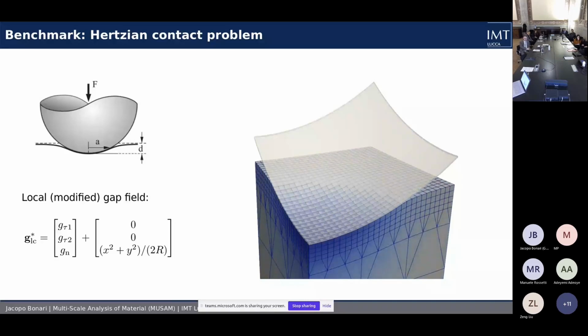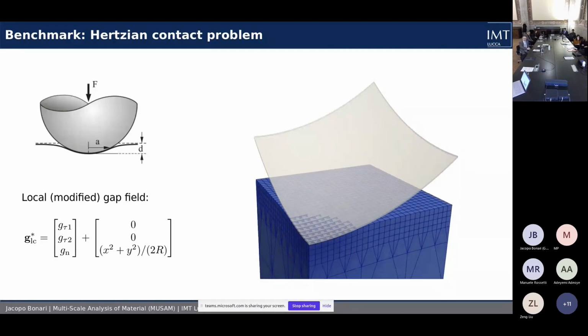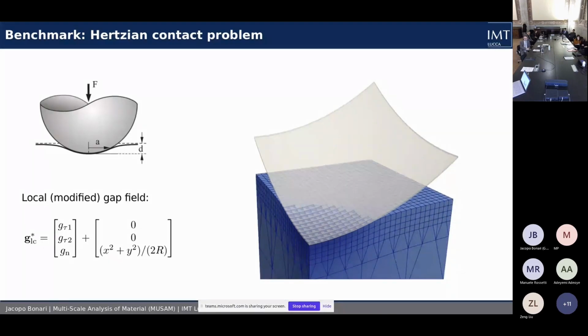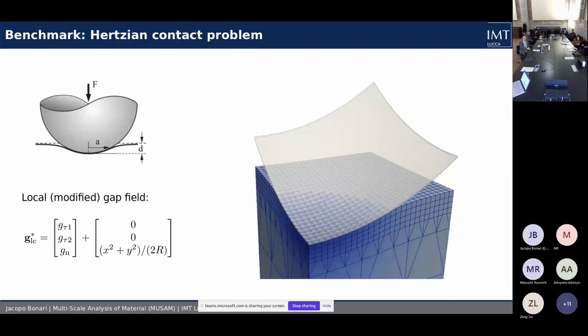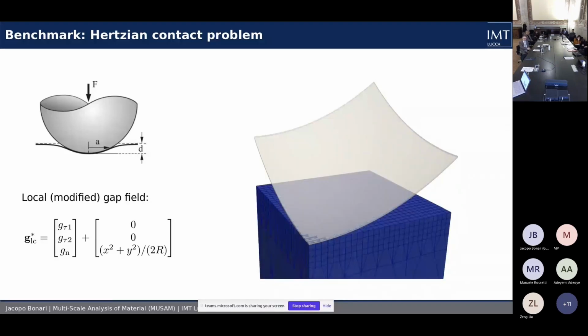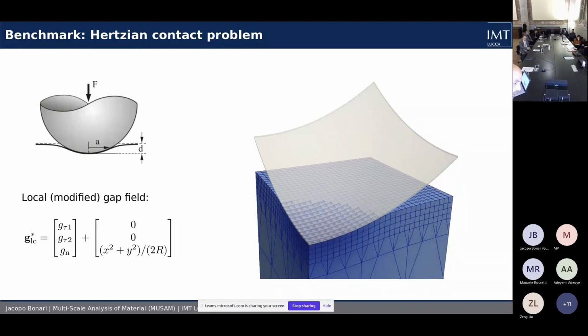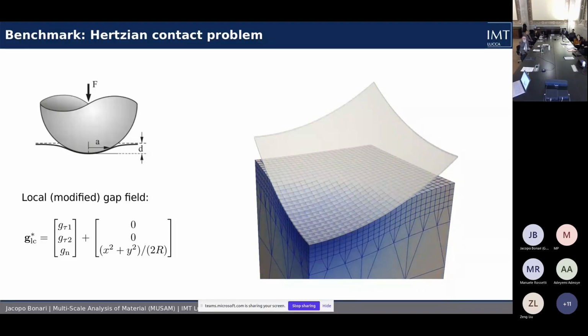If we want to solve a contact problem like this, in which a rigid sphere is indenting an elastic body, we are able to recover these modified contact conditions very simply by perturbing the normal gap by a quantity which approximates the shape of our sphere.